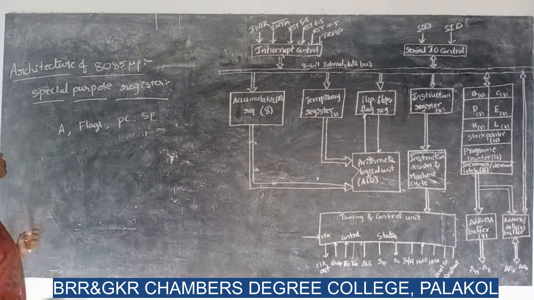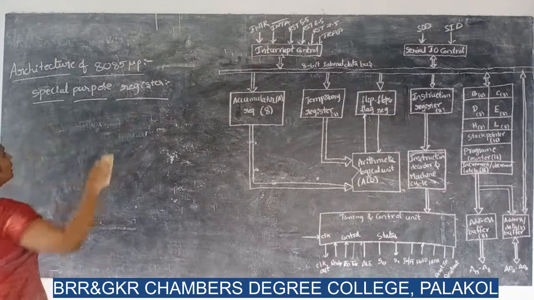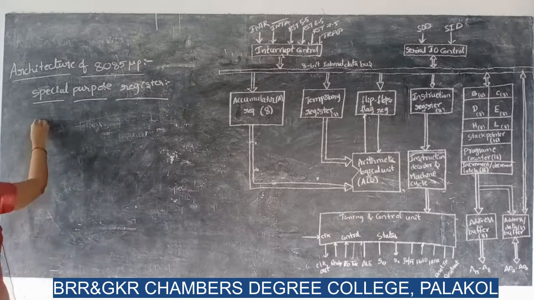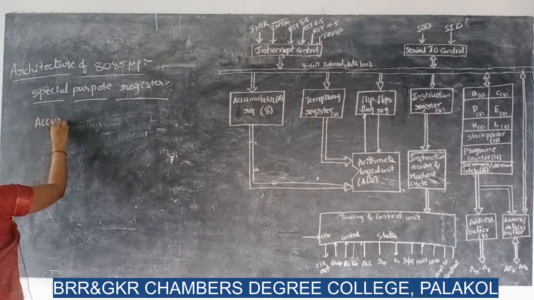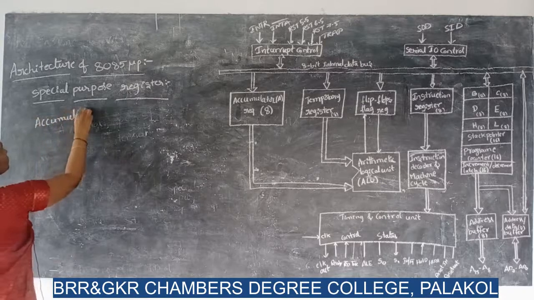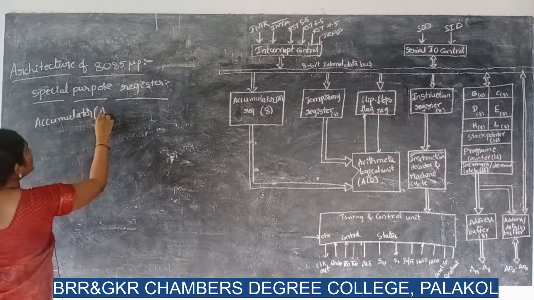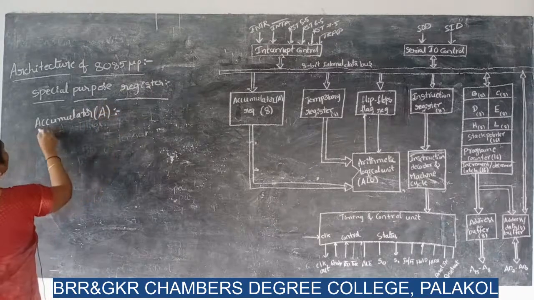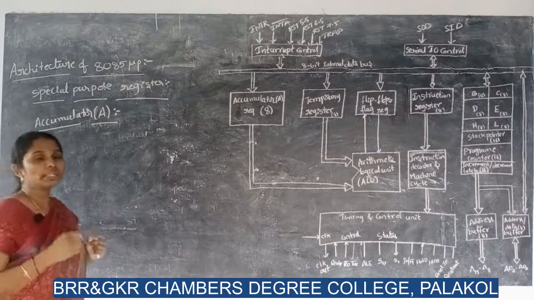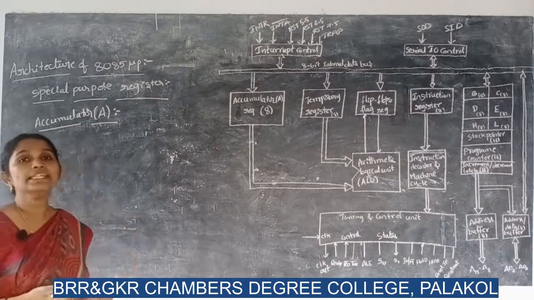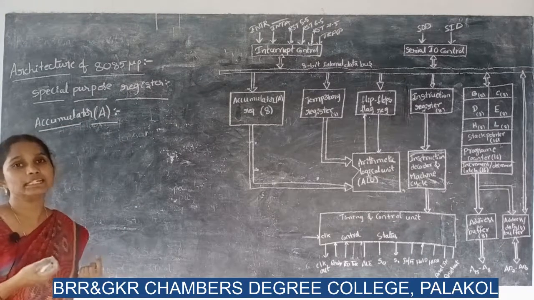Now we will discuss the accumulator. It is denoted with a capital A. Here the accumulator is a tri-state register.